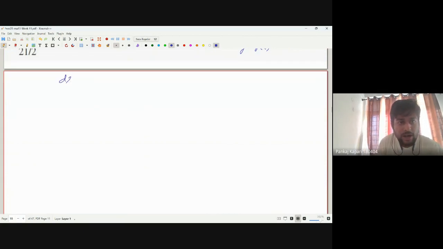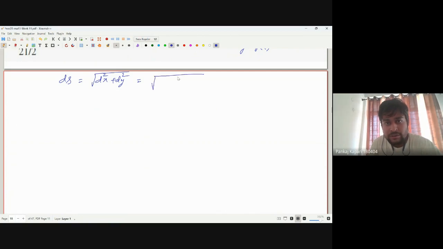So how do we find arc length? This ds is just the square root of dx square plus dy square. Because x and y are both functions of t, this is just dx by dt whole square plus dy by dt whole square under the root, and you have dt outside.